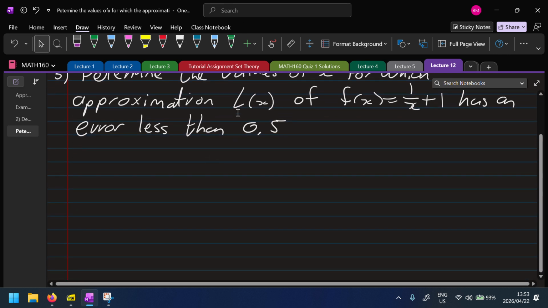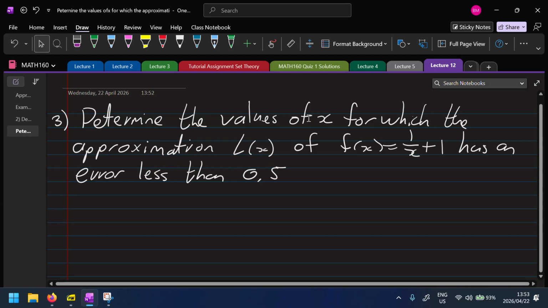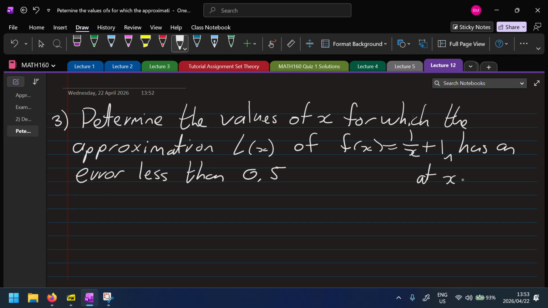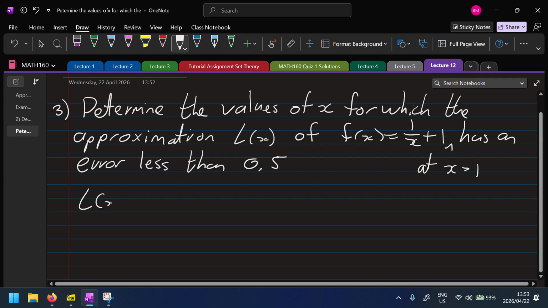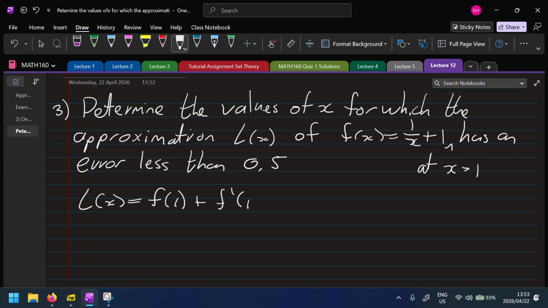Okay, so we want the linear approximation, at x equals 1. Okay, so we need to work out the linear approximation, solve that inequality, and then get the lower bound for x and the upper bound for x. So L of x, that will be f at 1 plus f prime at 1, x minus 1.